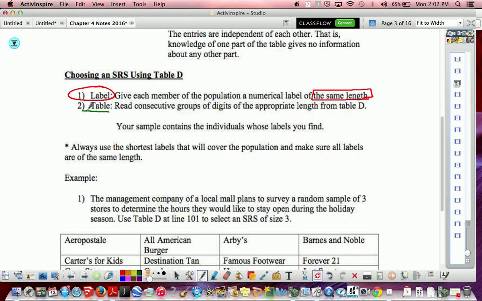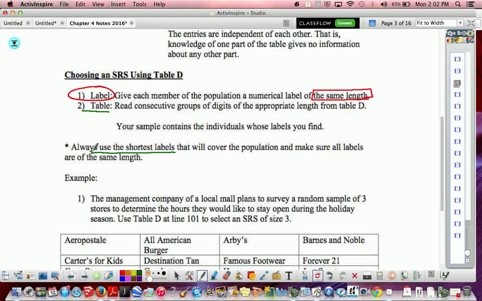So, one of the biggest favors you can do yourself is always use the shortest number of digits. If I have my example of 30 students in class, I want to use 2-digit numbers.